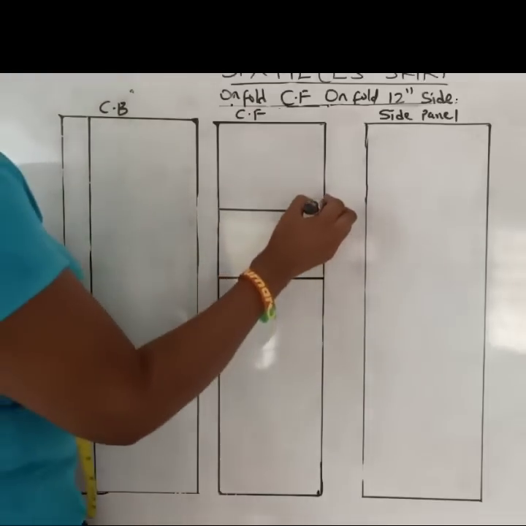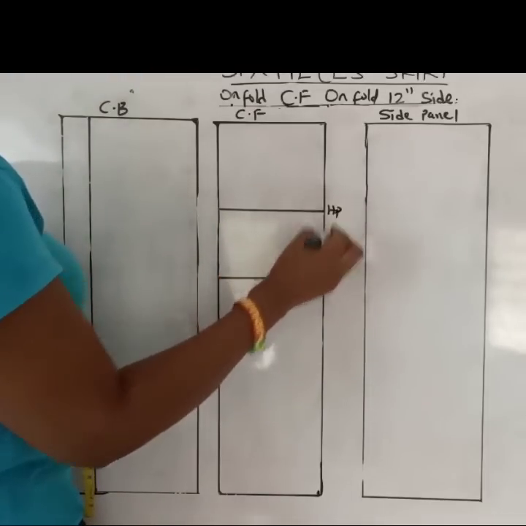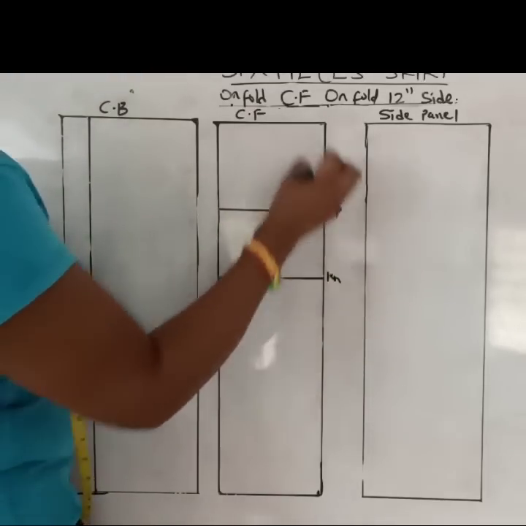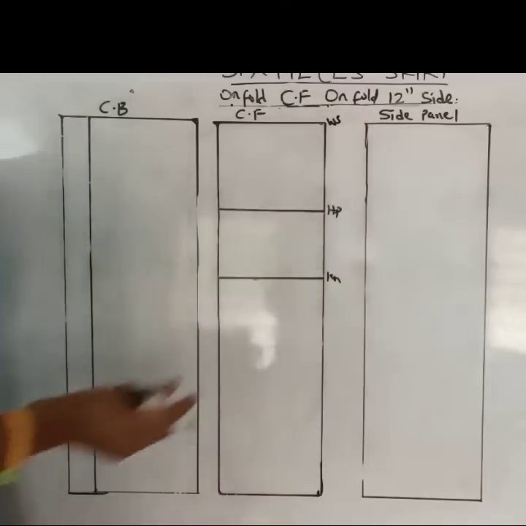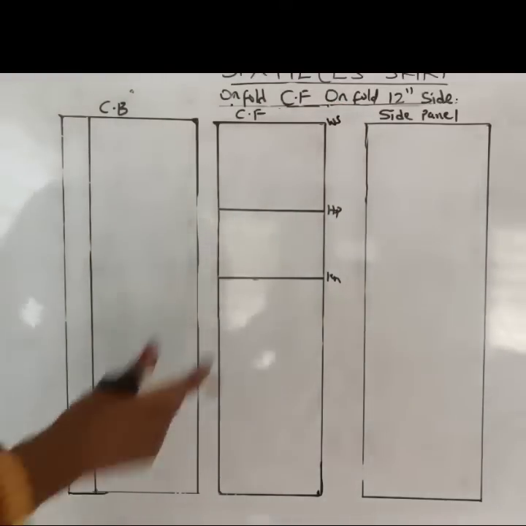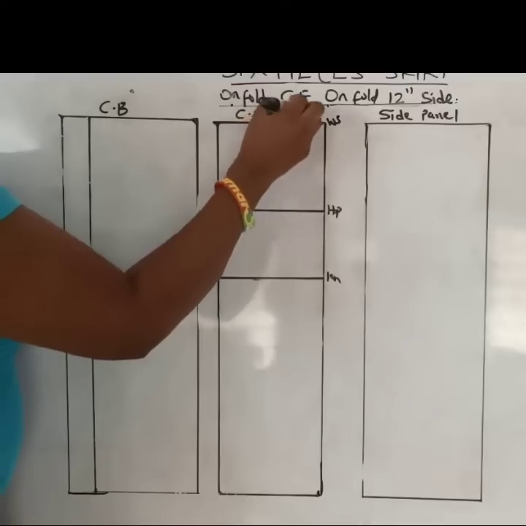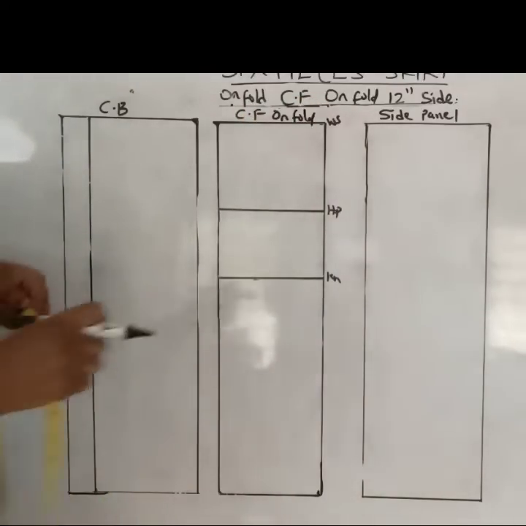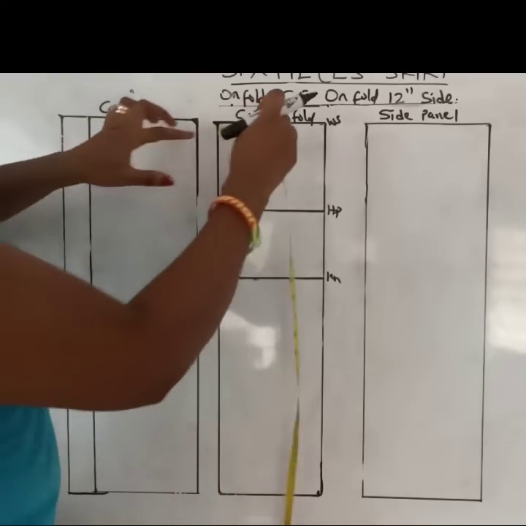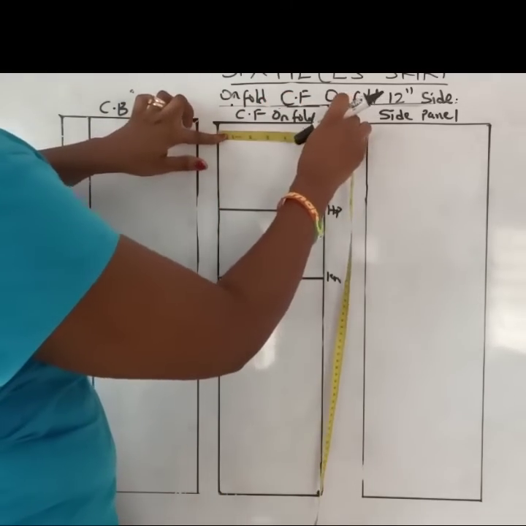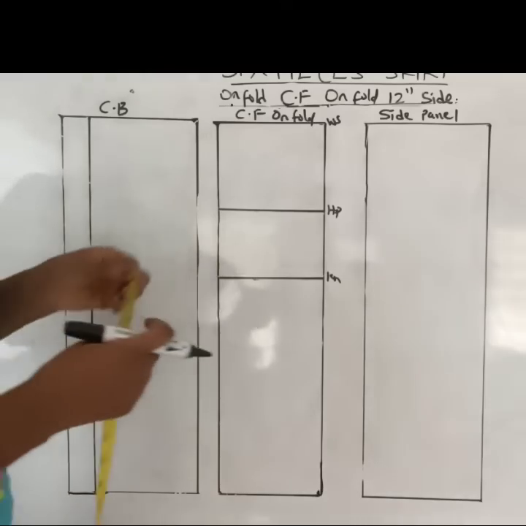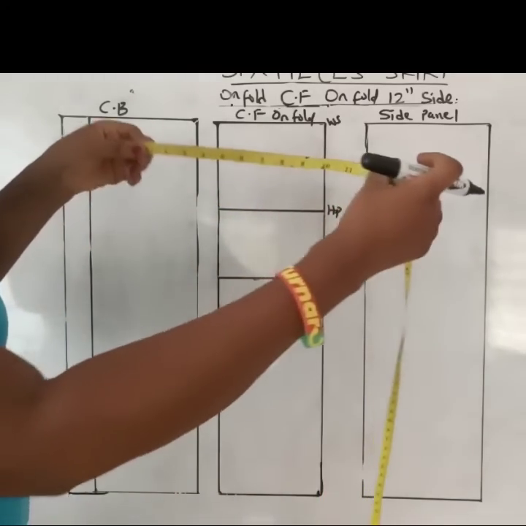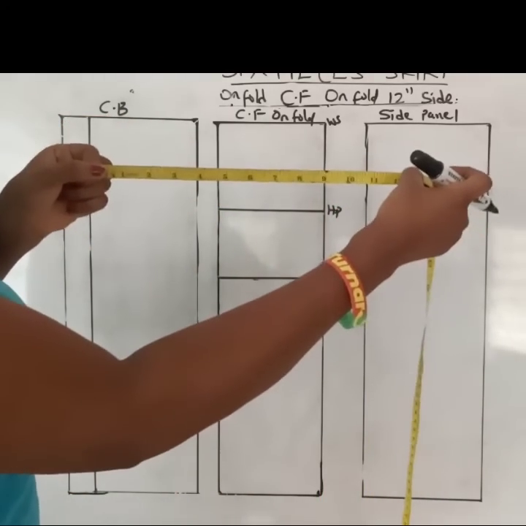So here is our hip, here is the knee, and here is the waist. This fabric is unfolded, and the wideness is 6 inches. That means when you open it up, you are going to have 12.